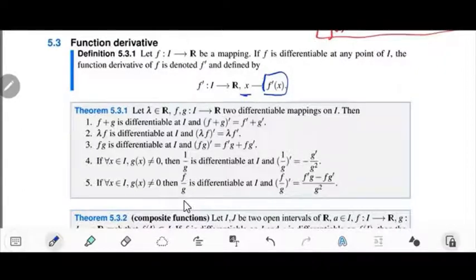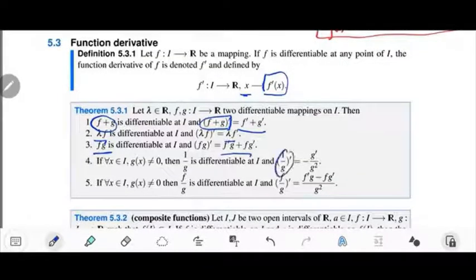And we can prove the same theorems that were valid before at a point a for the function derivative. So we say that the function derivative of the sum f plus g is the derivative of f plus g, that can be written f prime plus g prime, and etc. The derivative of lambda f is lambda times the derivative of f. The derivative of a product is f prime g plus f g prime, and etc.